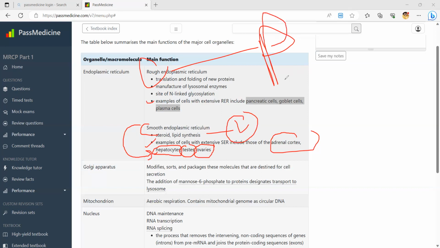Those cells with more involvement in protein processing, secretion, and production have more rough endoplasmic reticulum, and those related with the steroid hormones have an extensive amount of smooth endoplasmic reticulum.